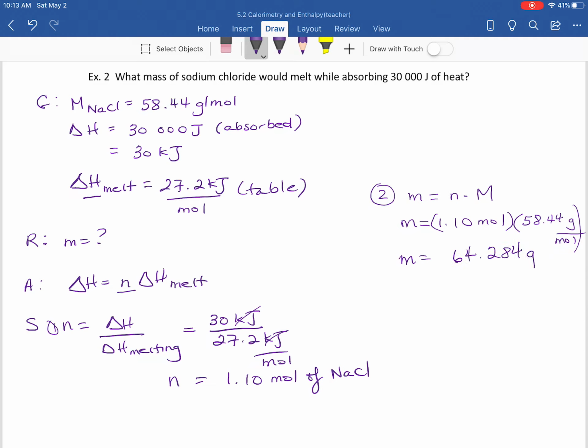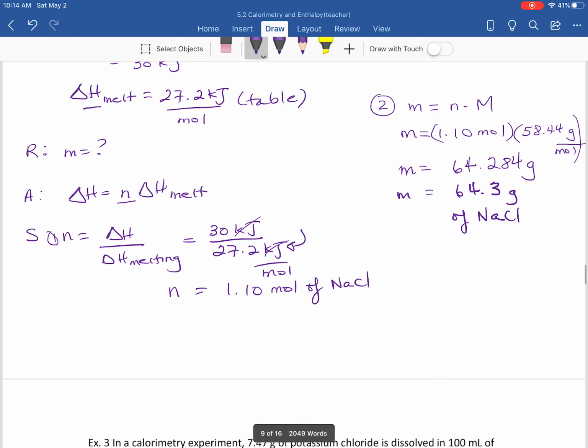When we do that math, I get 64.284 grams. Once again, my measured quantity has 3 significant digits, so my answer is 64.3 grams of sodium chloride will melt while absorbing that much heat.